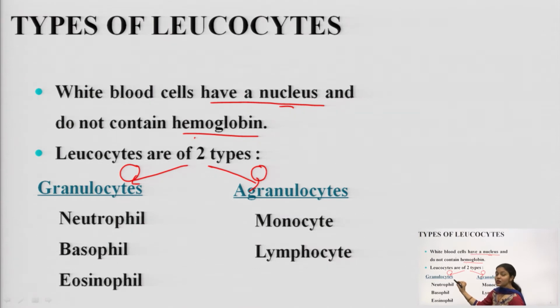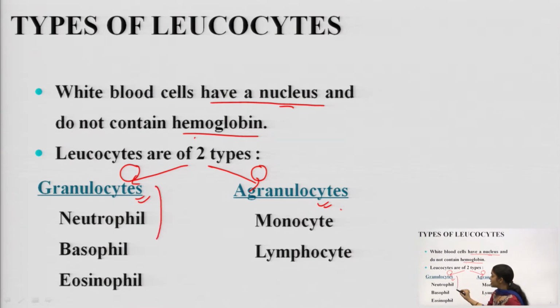These granules are stained and visible under the light microscope, and then the cells are called granulocytes. Agranulocytes also contain cytoplasmic granules, but they are not visible under the light microscope due to their small size as well as low staining qualities.